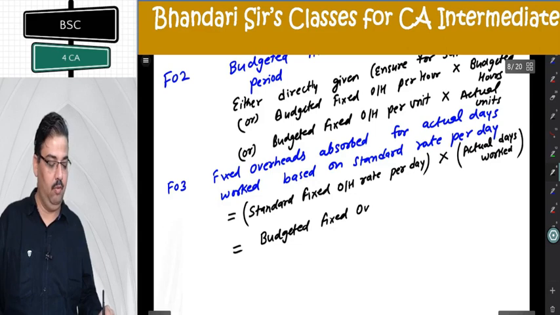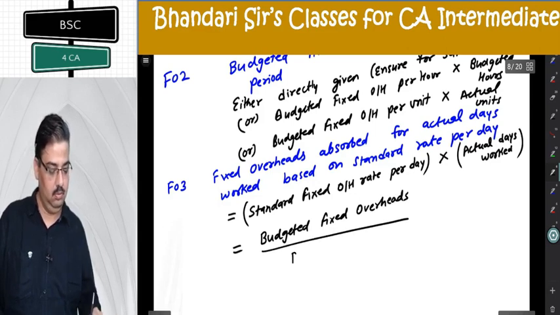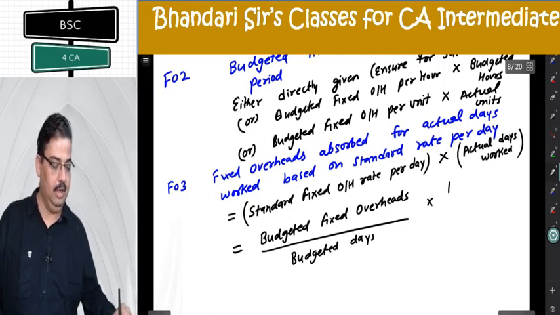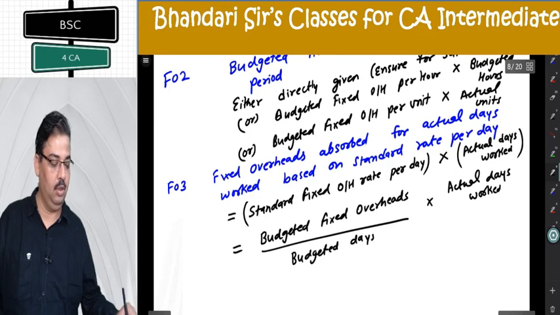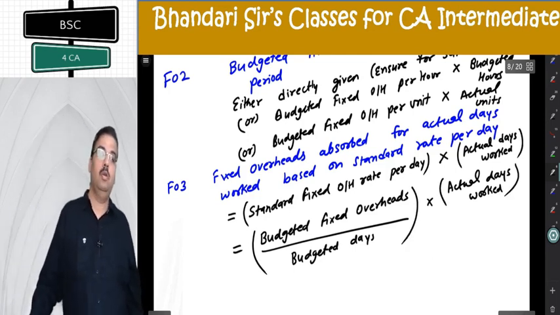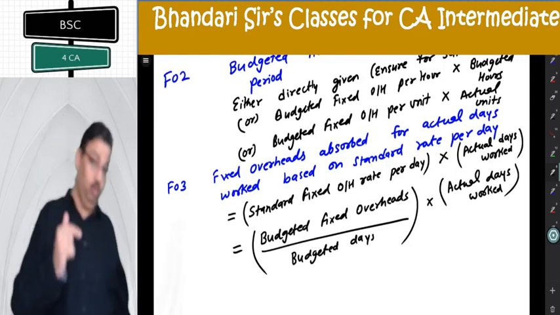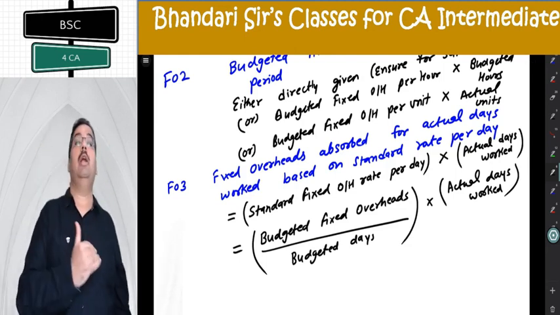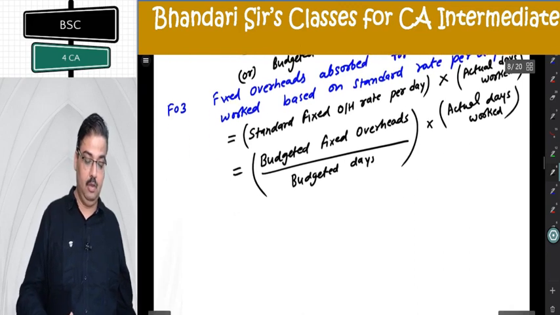Budgeted fixed overheads divided by budgeted days multiplied by actual days worked. Budgeted fixed overhead is FO2, divided by budgeted days, multiplied by actual days. FO4.